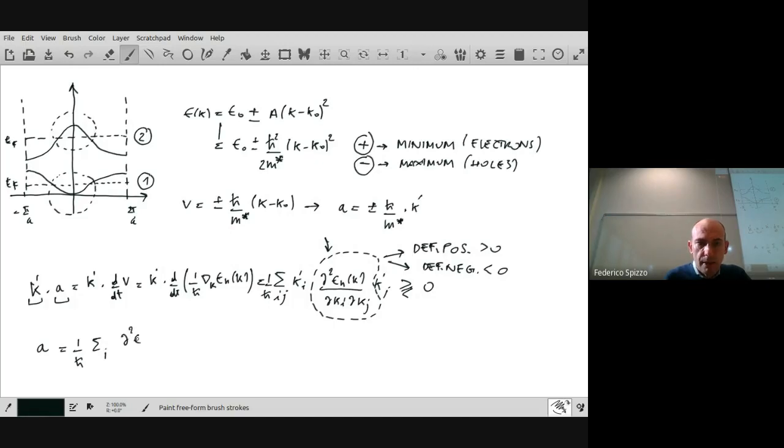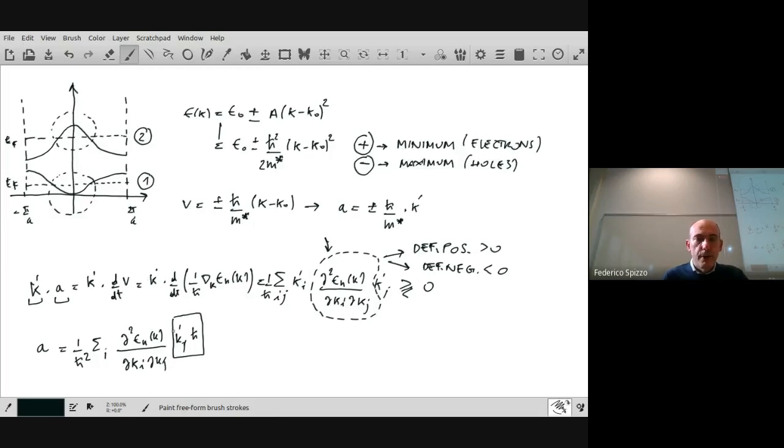Then we have the second derivative of the energy with respect to K. Then if I multiply and divide by h bar, if you notice, this part here is h bar times the derivative of K prime, times the derivative of K. This is what in the semi-classical equation of motion was equal to the force.